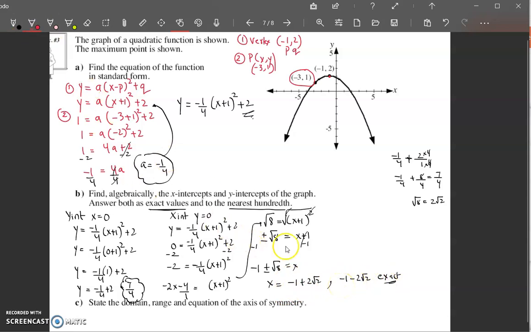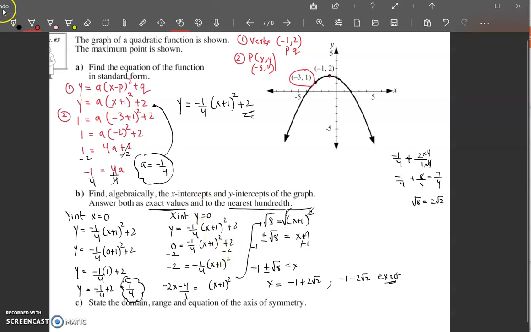In order to find the answer rounded to the nearest hundredth, you simply put this into the calculator. So you're going to go -1 plus square root of 8, or you can use 2√2.